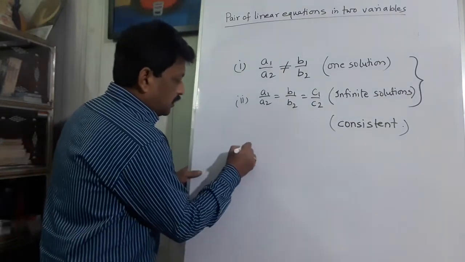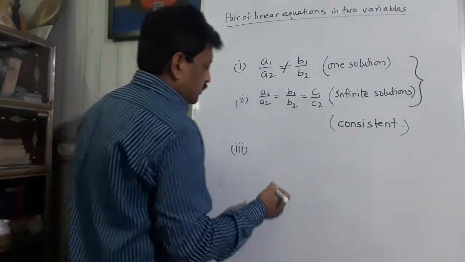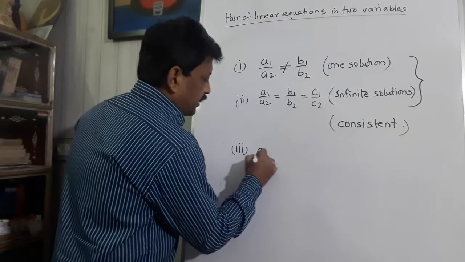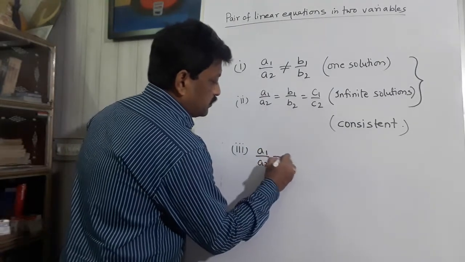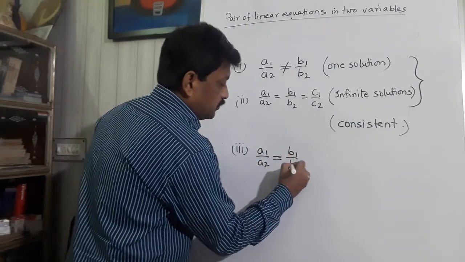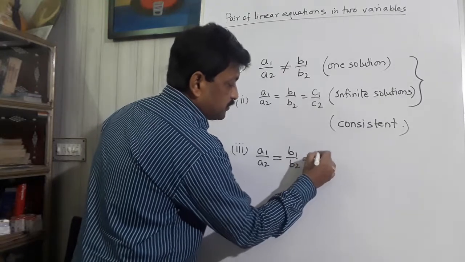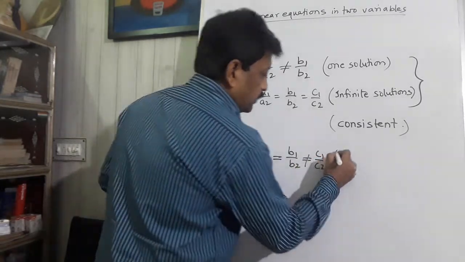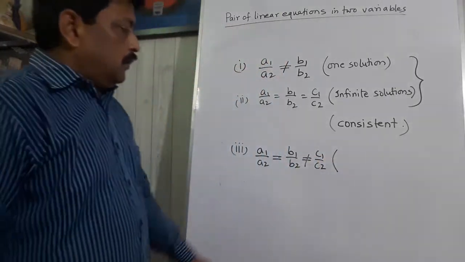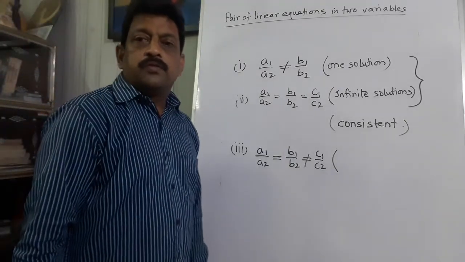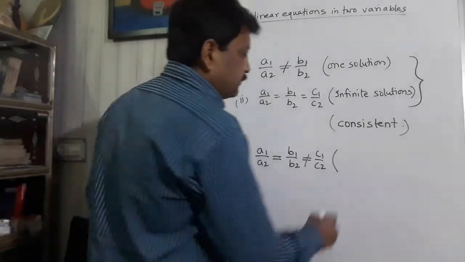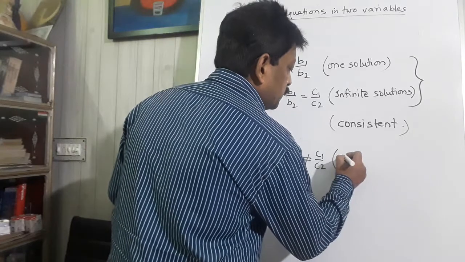And in the other case, that is in case of parallel lines, a1 by a2 is equal to b1 by b2 but not equal to c1 by c2. Here they will form parallel lines, so they will not meet with each other. In that case they will have no solution.